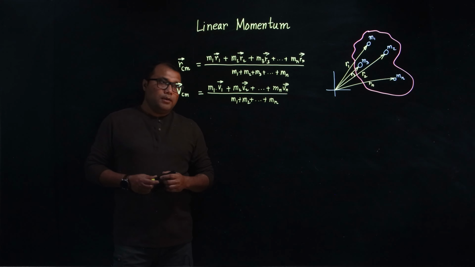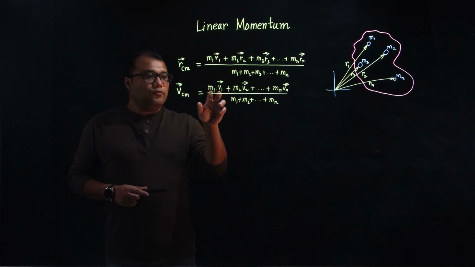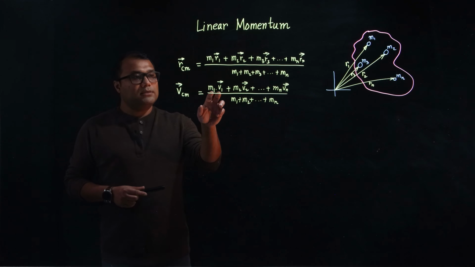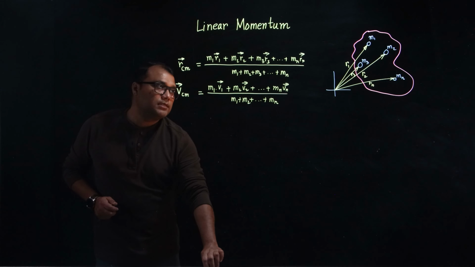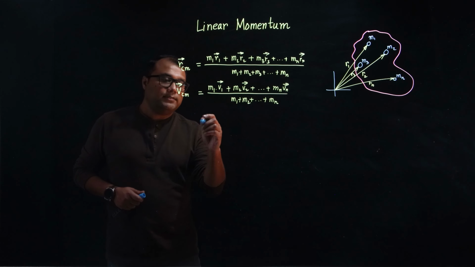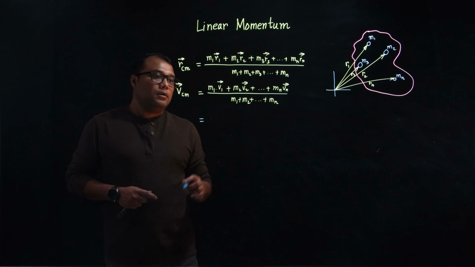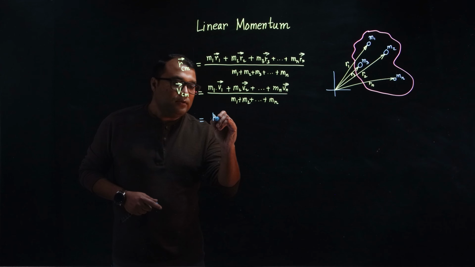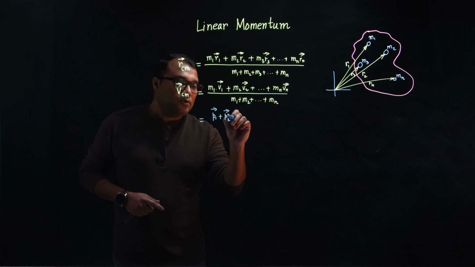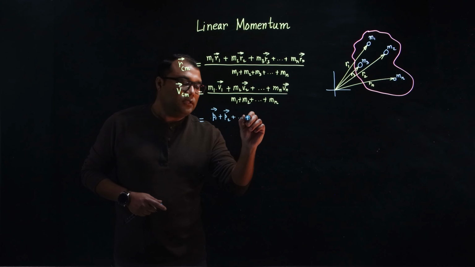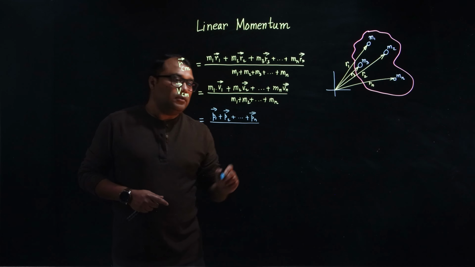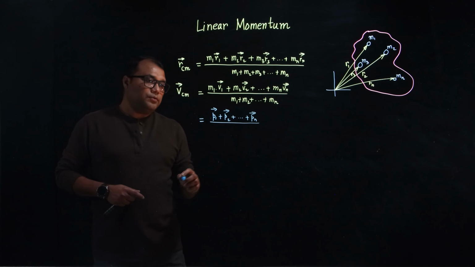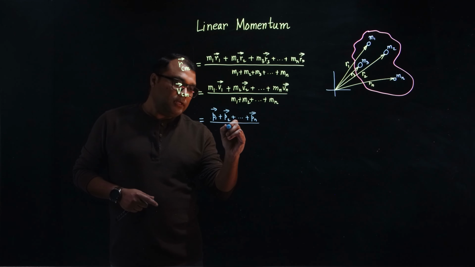Cool. Now notice something here. We just defined momentum as the product of mass and velocity. So this can also be written as P1 plus P2 plus P3 all the way to Pn, and in the denominator we can also write the sum of all the masses.